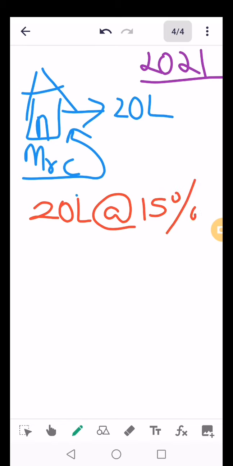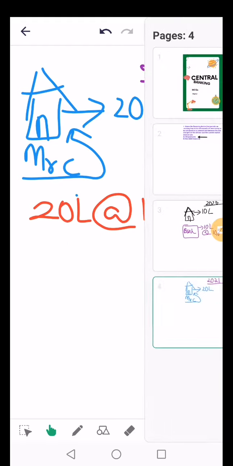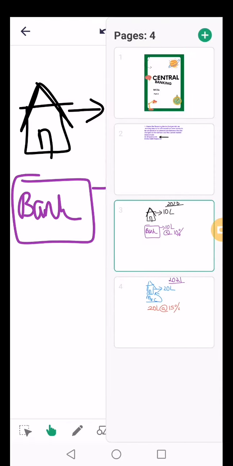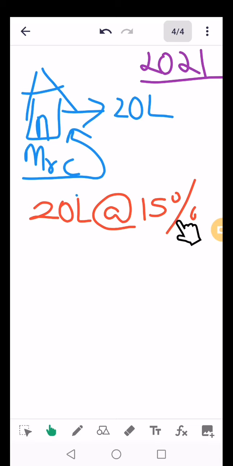That is what I'm going to say to Mr. C. So what is the advantage here? The interest that I'm collecting is more. I am paying an interest of 10%, but I'm receiving an interest of 15%. The difference is 5%, so there's an extra 5% that I'll be getting. So in this way, there's a benefit.